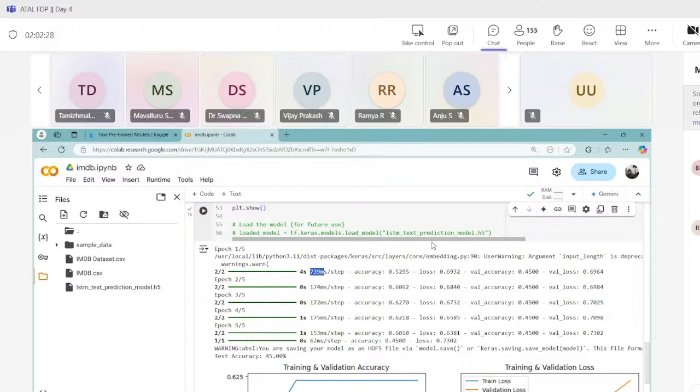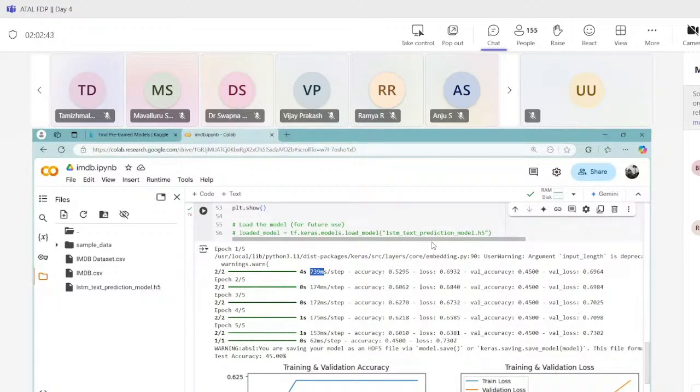You can see the first accuracy is 52, the second is 60, the third is 62.7, the fourth is 62.8, and the fifth is 60, and the losses accordingly. Now on the right side, you will see the validation accuracy and validation losses.